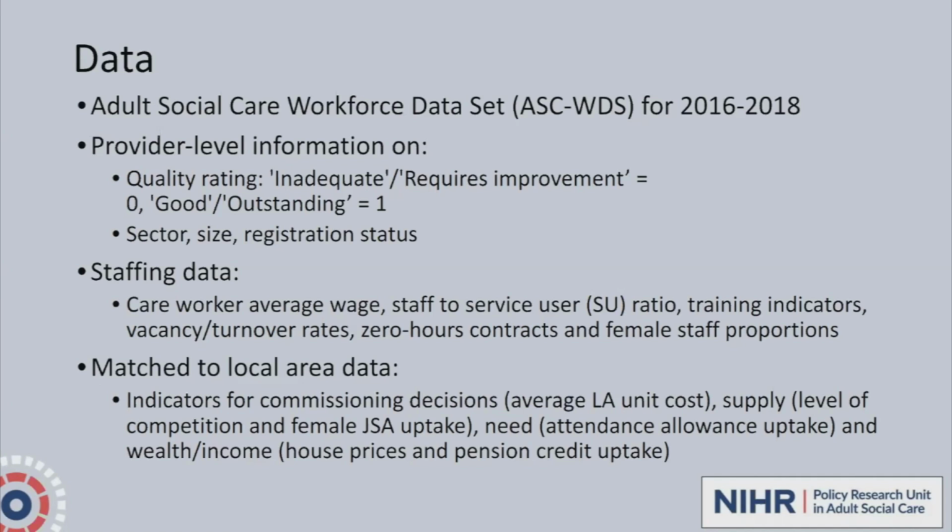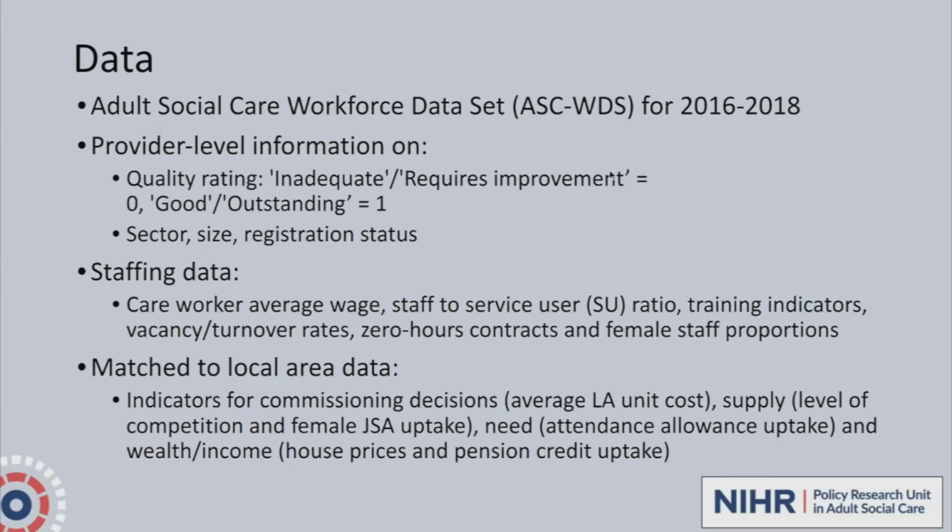And so we have indicators for commission decisions, the average LA unit cost, supply, the level of competition, and female job seekers allowance uptake. We also have a measure for needs in terms of benefits, proxied by attendance allowance uptake. And for wealth and income, we have measures of average house price and pension credit uptake at the local area level.